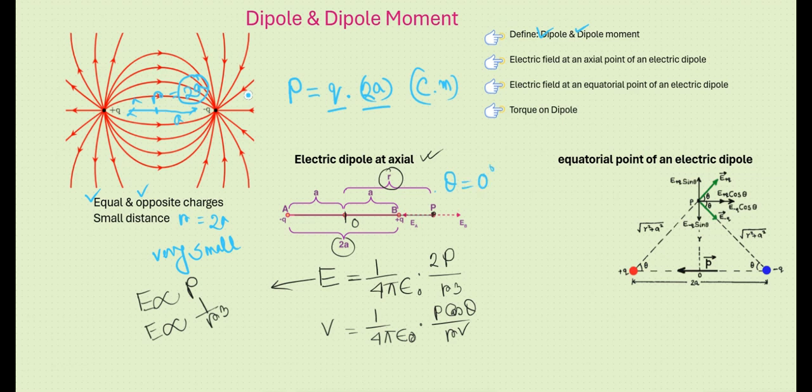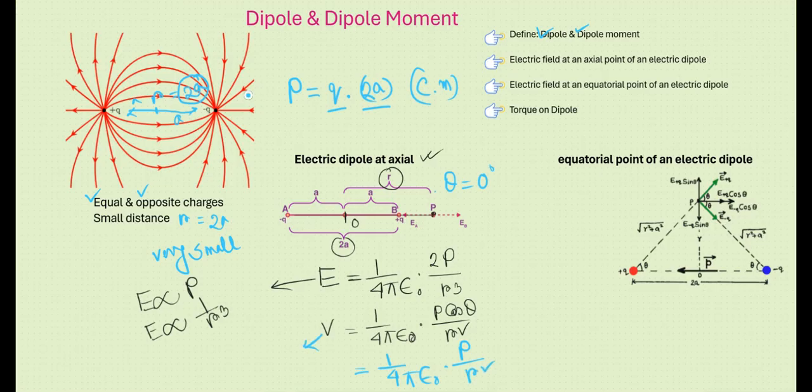In that case, the simplified potential equation will be 1 by 4 pi epsilon naught, and cos 0 degree is 1. It means P over r square.